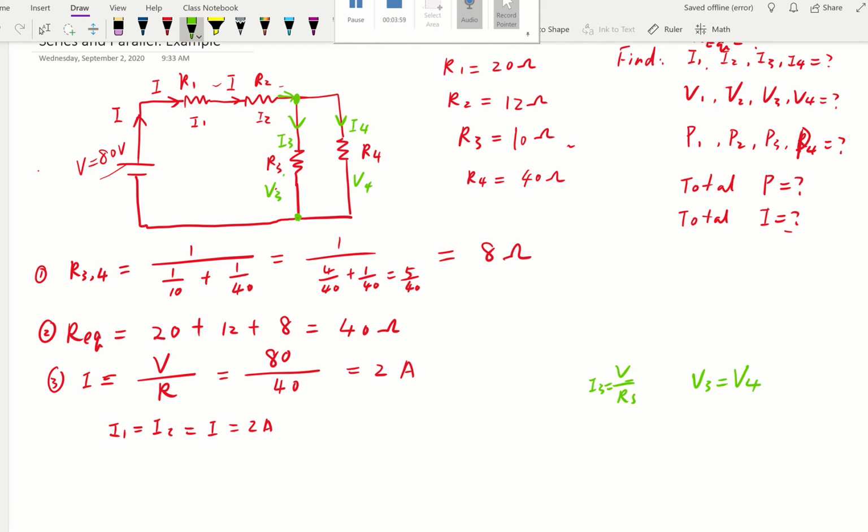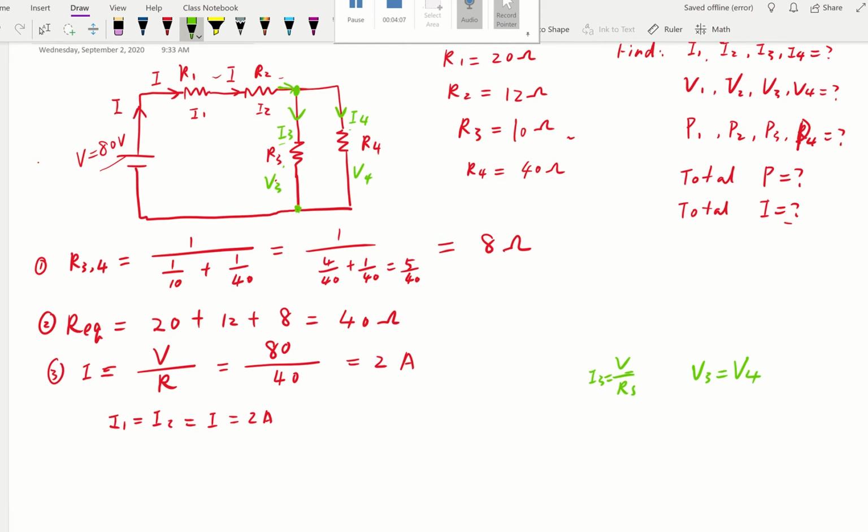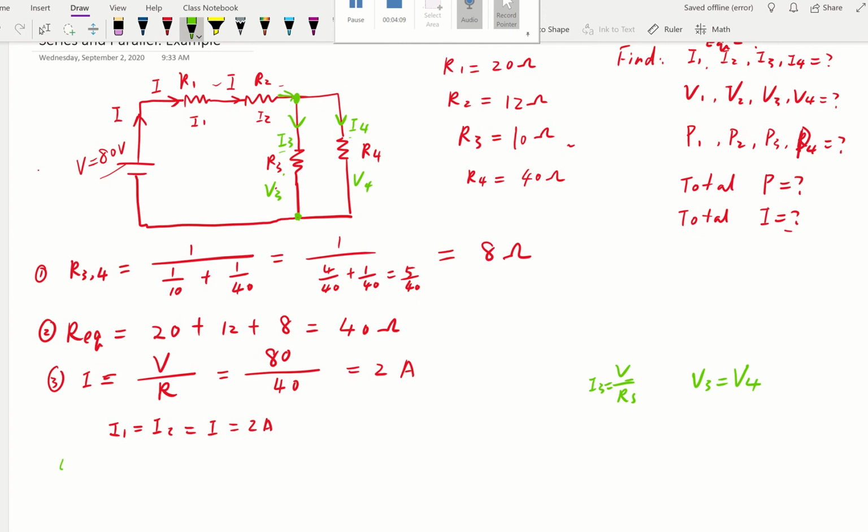So our mission has changed. We need to figure out the voltage. So we're going to put I3 and I4 on hold. We need to go back and figure out the voltage across resistor 1 and resistor 2. We can use Ohm's law for each individual component.